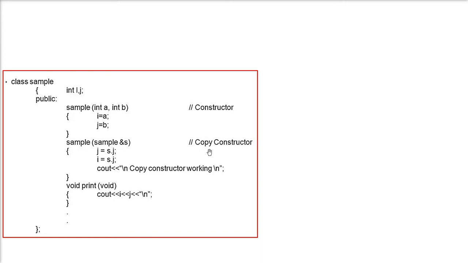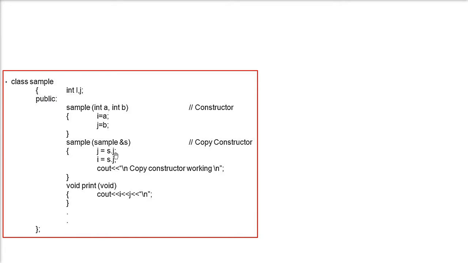The copy constructor is, you have the class name, and again inside you have the class name. That is, you are actually making an object. So you are passing the reference, that is s, inside Sample. So you are copying; this is a copy constructor.